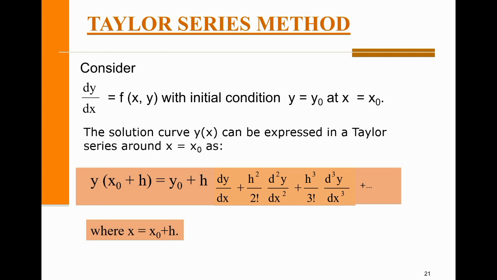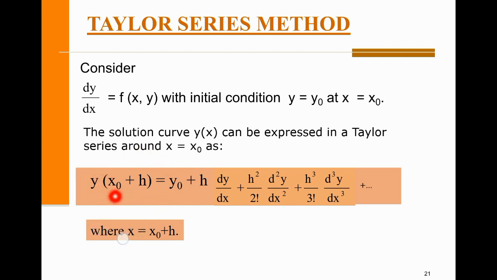So in this method, y is given to you at x0, right? Now x1 is the neighboring value of x0 at a step size of h. So we can calculate the value of y at this neighboring point x0 plus h with the help of the Taylor series method.